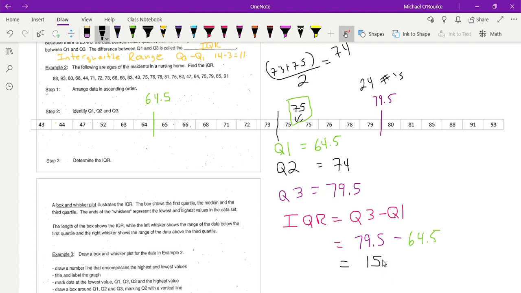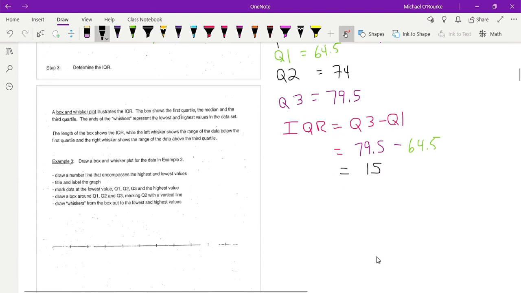Okay. So the IQR is 15. Okay, what that means, I'll write down the statement first, right? I'll type in the statement for the sake of you guys not having to deal with my writing.